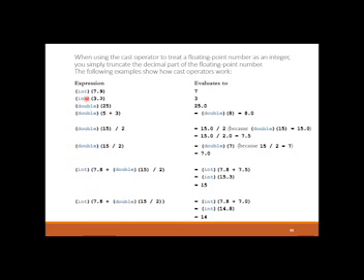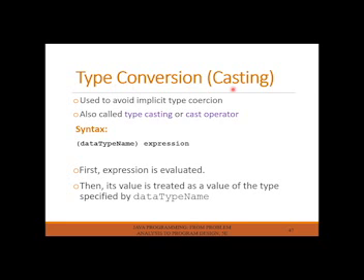Type conversion or casting. Ano ba yung implicit type coercion? Yung ginagawa natin, automatic na ginagawa nating floating point yung number kahit integer siya kasi yung isang operand na kapartner niya is floating point. So kapag 5.2, automatic kinoconsider ng Java or ng computer as a floating point number.